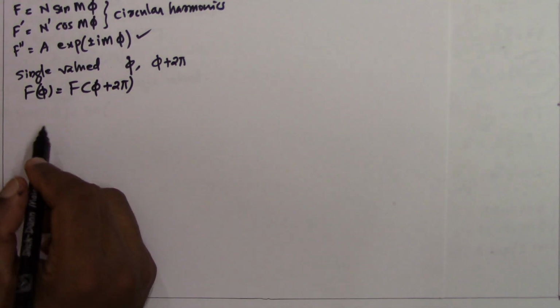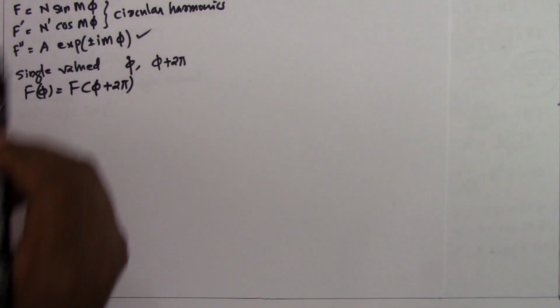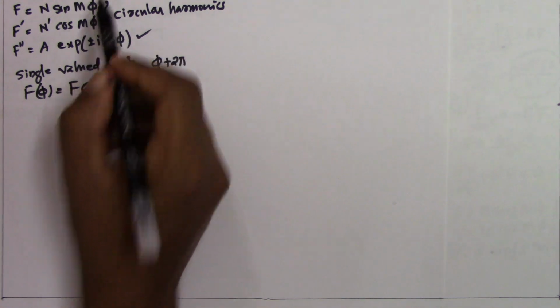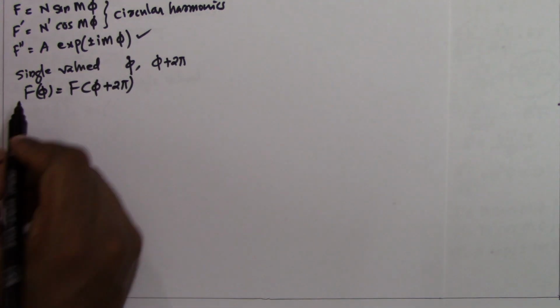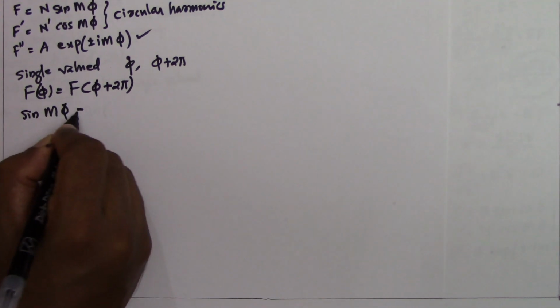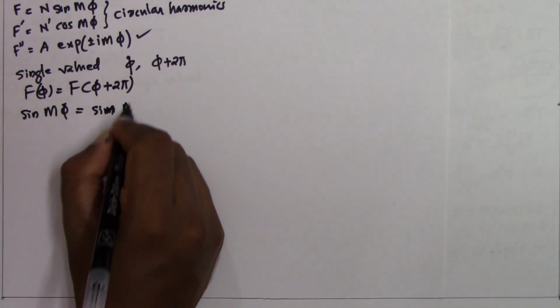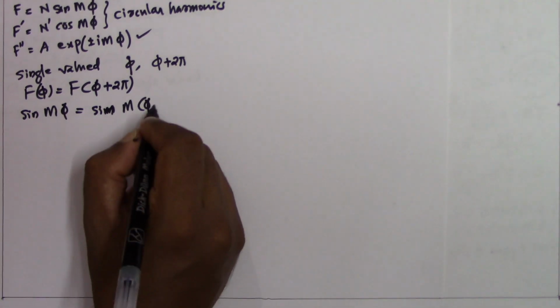So if we are taking f is equal to N sine m phi, the solution of the Schrodinger wave equation, then it implies that sine m phi must be equal to sine of m phi plus 2 pi.